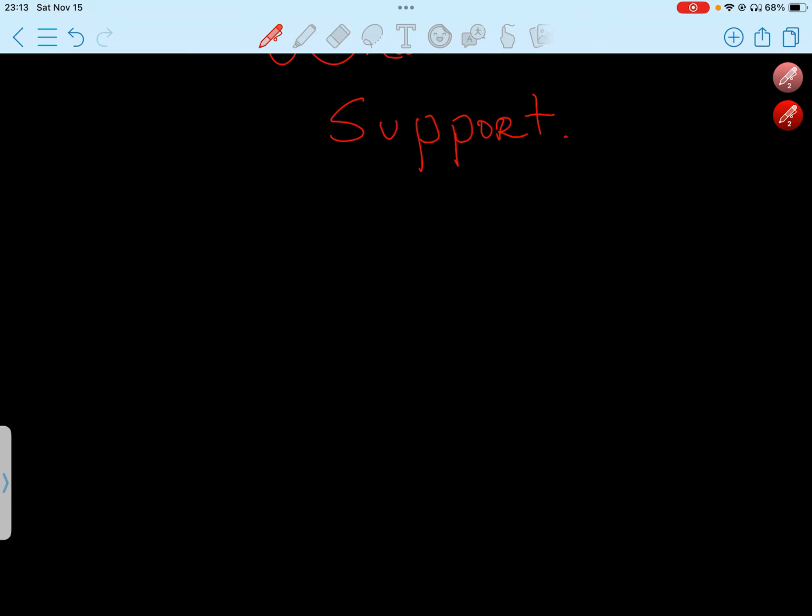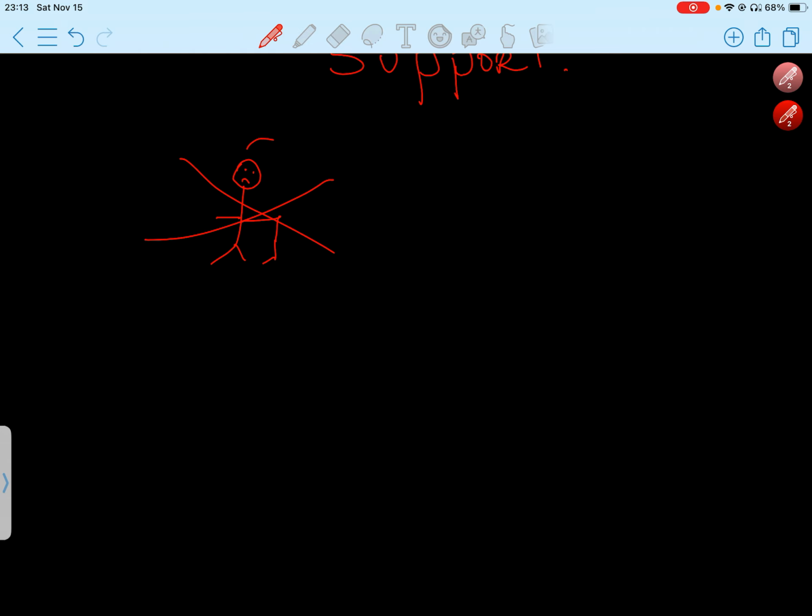Well, you may say that my grandpa's stick is a support. But no, that cannot be defined as a general definition. So actually, support is anything which restricts movement. Support is anything which stops movement.